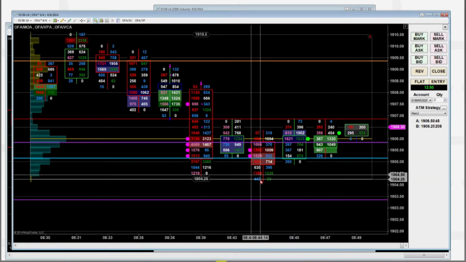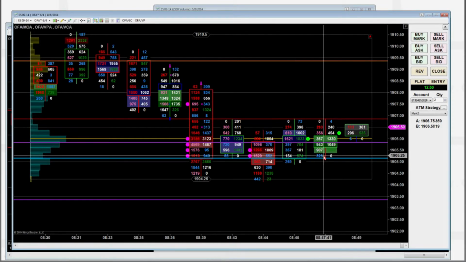Does that make sense what I'm looking at in these prints at the bid? I can see weakness at the bid.